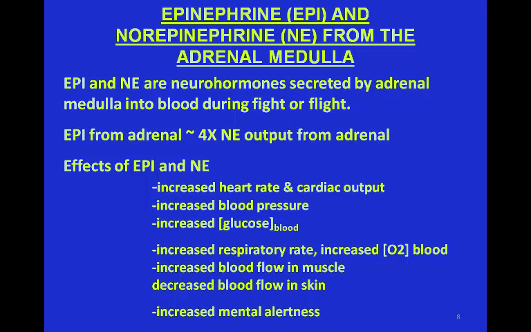But during fight or flight, epinephrine and norepinephrine mainly are released into the bloodstream by the adrenal medulla. During fight or flight, the amount of epinephrine release is about 4 times the amount of norepinephrine release. By the way, epinephrine has another name that you may have heard of, and this is called adrenaline.